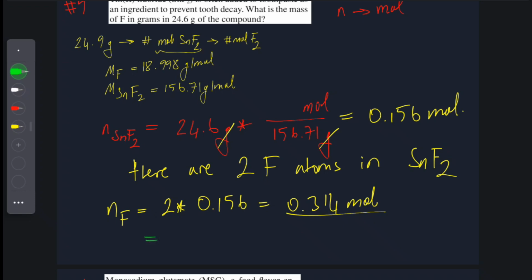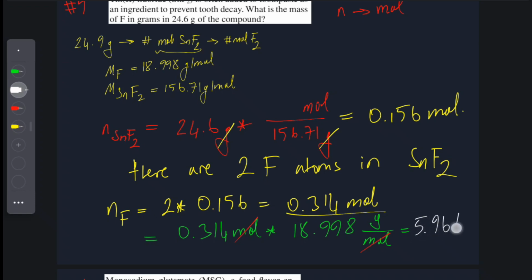So lastly, we can calculate the mass of the fluorine, since we know the mole of the fluorine. Mole will be cancelled and the calculated number will be 5.9646.